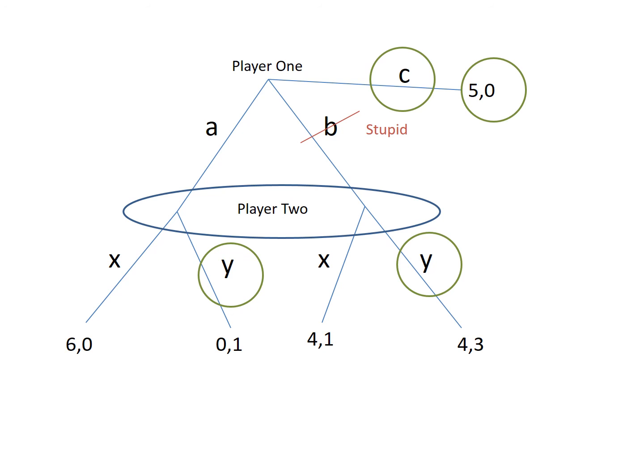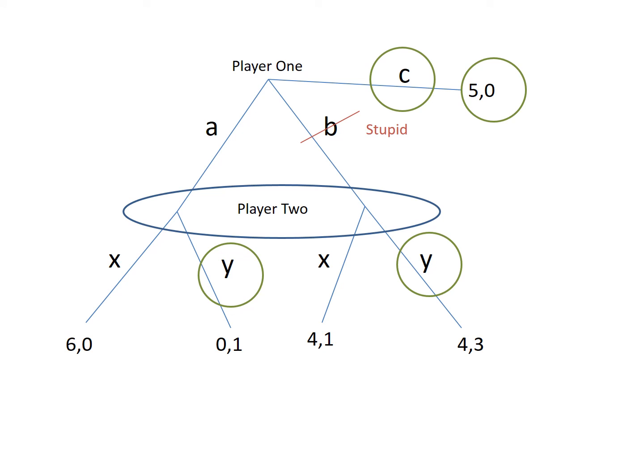What if player 1 ends up picking A or B? What should player 2 believe? Now, player 2 can't just believe that A has been picked, because the logic of, B is stupid, therefore 1 will never pick B, therefore 1 will pick A, that leads to thinking that if player 2 gets to move, player 2 will pick Y, but that leads to player 1 immediately picking C. So this means that player 1 would never pick A or B. So what should player 2 believe if he gets to move?